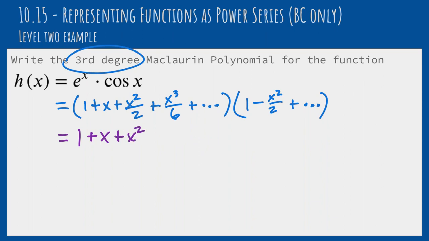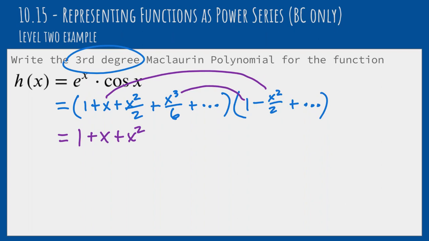Then for the third degree term, it may be tempting at this point to say, oh, maybe this is going to be 1 over 1 minus x, so plus x cubed. Be careful. Don't make assumptions like that because it may or may not work. So third power, we're going to do 1 times the third power. Don't have any. We could do x times x squared over 2, and we can do x cubed times 1.